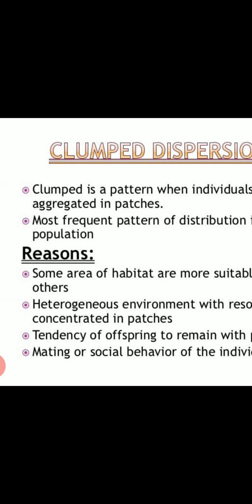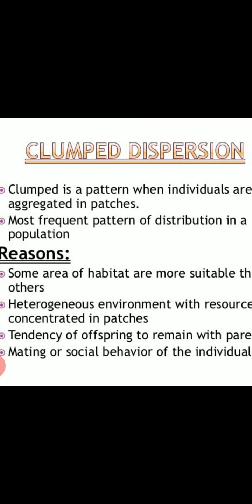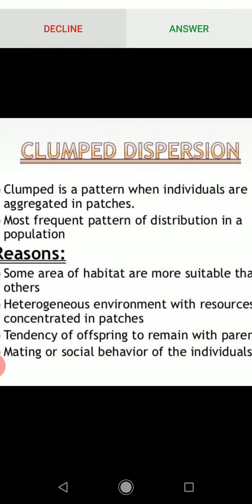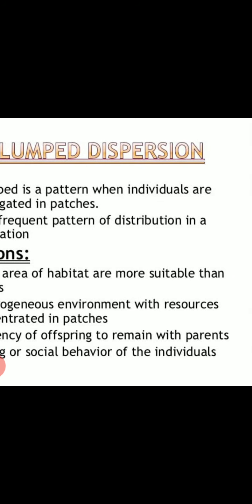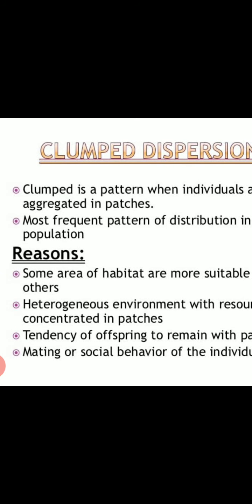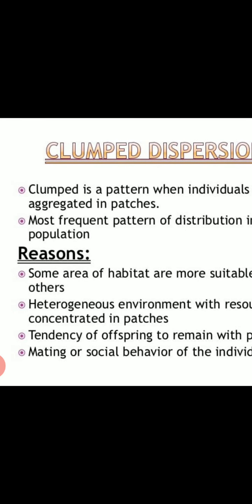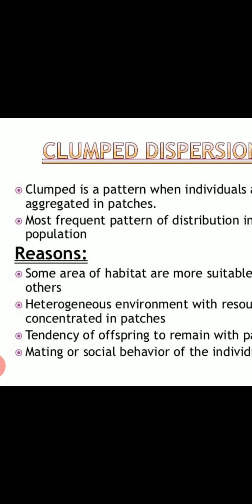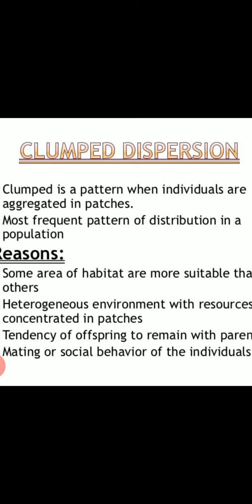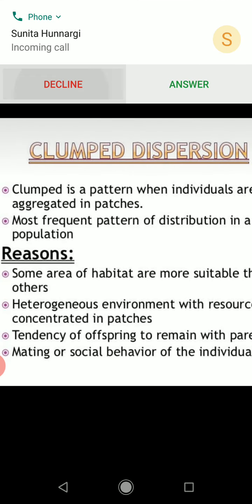The reasons for this are that some areas of habitat are more suitable than others, a heterogeneous environment with resources concentrated in patches, the tendency of offspring to remain with parents, and the mating or social behavior of the individuals.